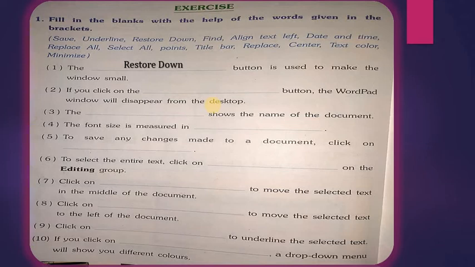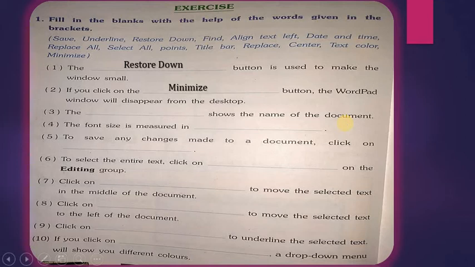That we can already see in the practical lecture. So I think you know the answer, minimize, because whenever we click on the minimize button, the window will disappear from the desktop.